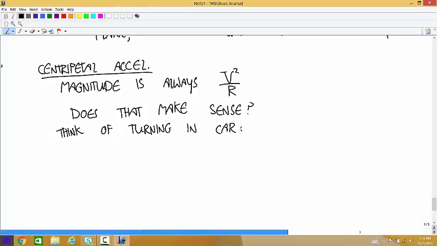Okay? That's the acceleration. So first, is the acceleration greater or less as the speed increases?